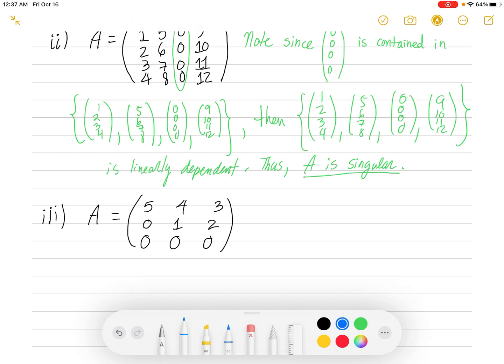Well, if you pay attention, the first row has a pivot, the second row has a pivot, but the third row doesn't have any pivots, right? So because you have a row of zeros, you're guaranteed you won't have a pivot in that third row. So note row 3 has no pivot.